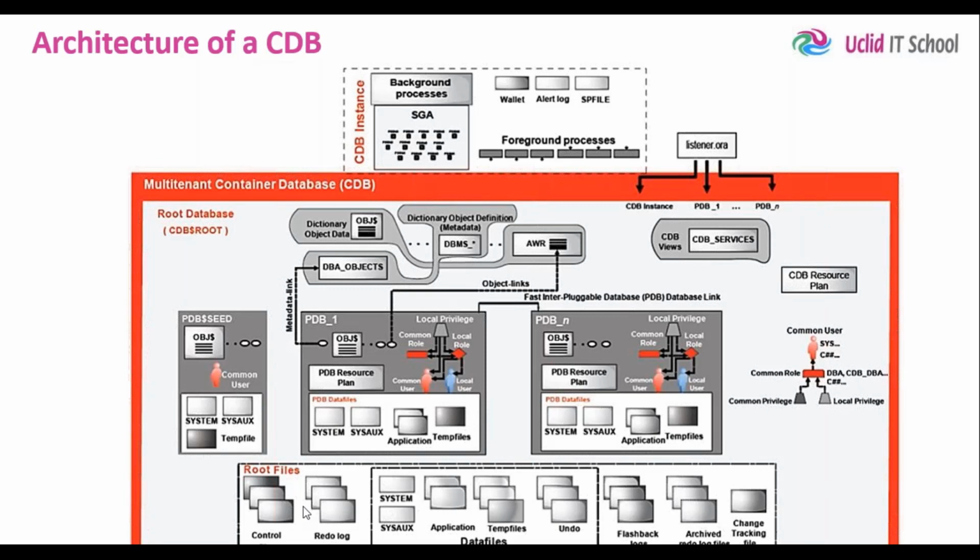So root has its own files. Root has system, sysaux, undo, temp and other files. Root also contains control files, redo log files, and other files like flashback logs, archived logs, change tracking files, and other files like password files, wallet files, and all those things. So the root has its own files.